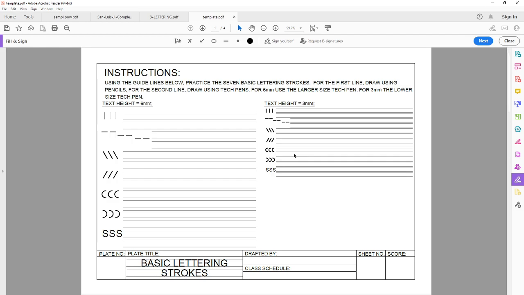Okay? So I'll show you the plates, the entire plate. That is for the basic lettering strokes.